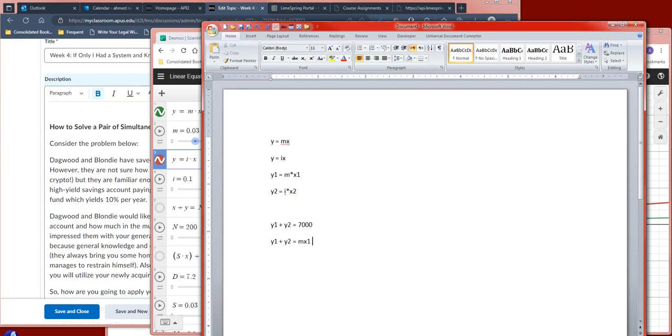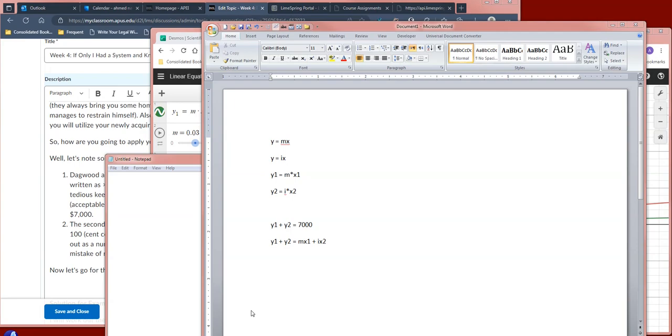Note that the ones and twos should be subscripts, but I'm doing this on the fly, so I'm just going to stick with simple typing, but I hope you understand what's going on over here.